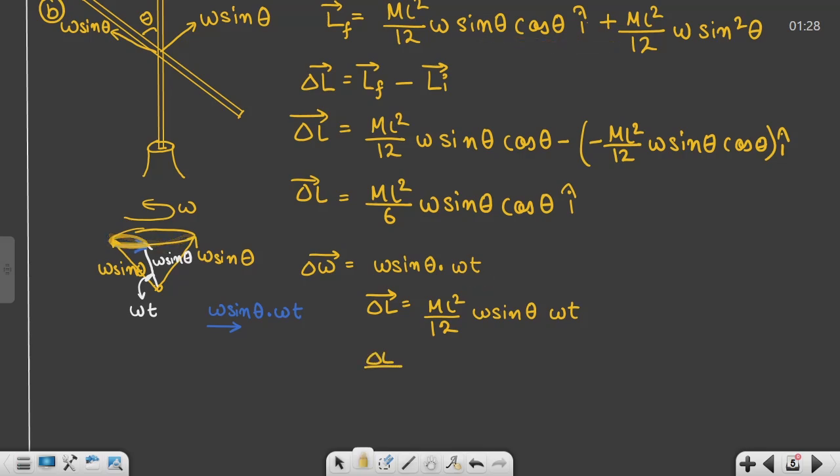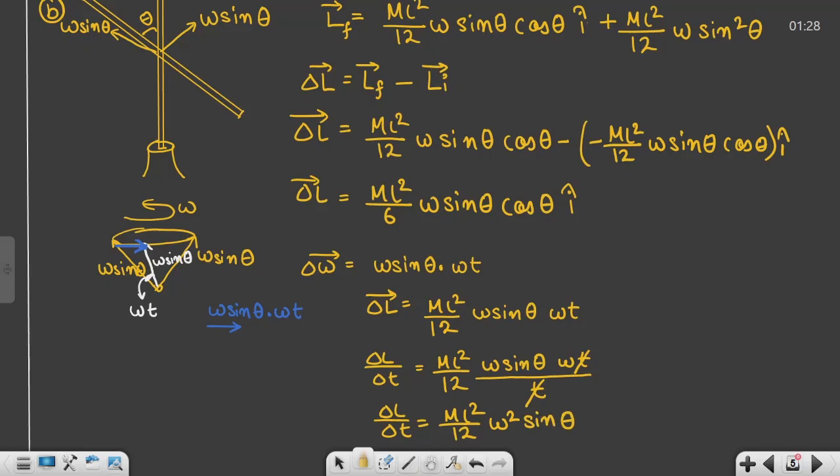So delta L by delta t is nothing but ml square by 12 into omega sine theta into omega t divided by t. It happened in time t, no? This t and this t would get cancelled. So delta L by delta t is nothing but ml square by 12 into omega square sine theta.